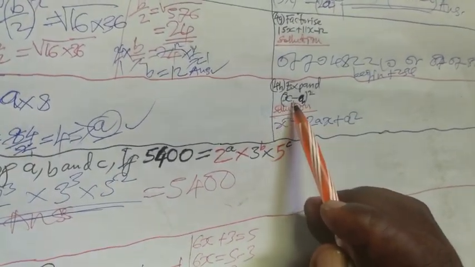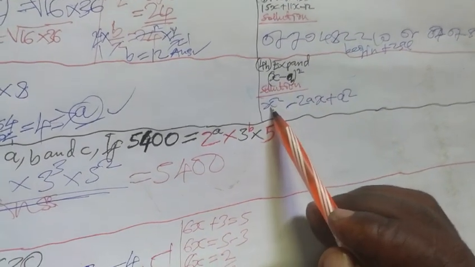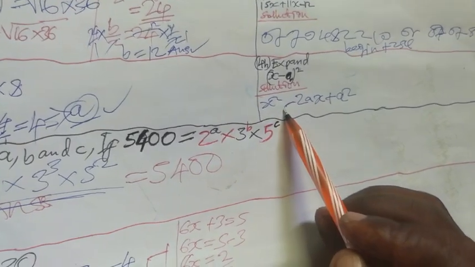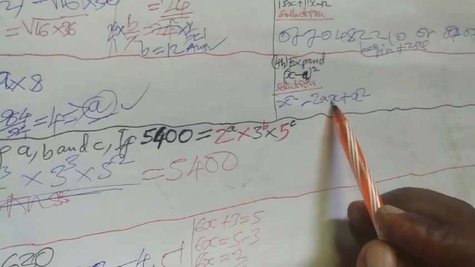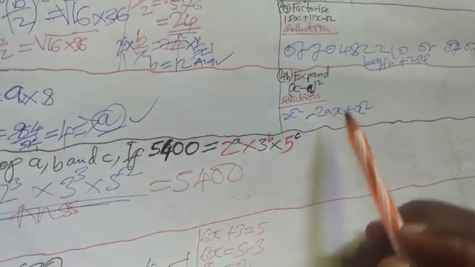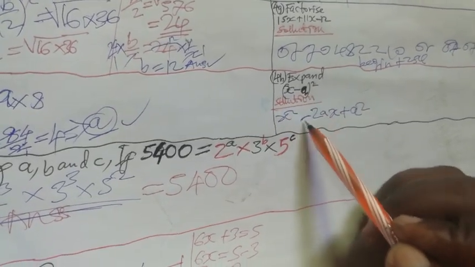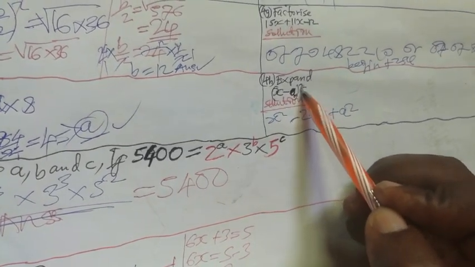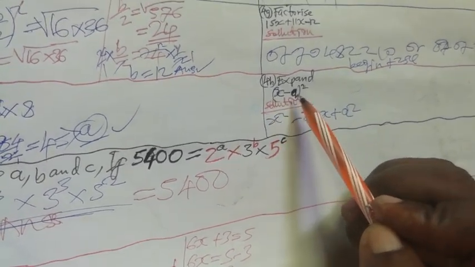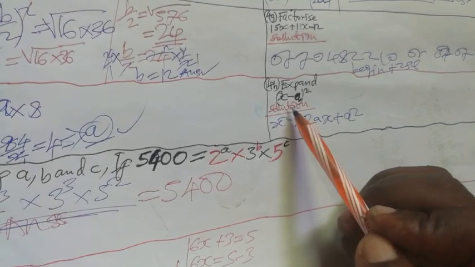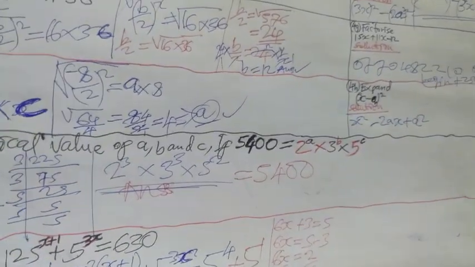Therefore, (x minus 2a) squared is the same as x squared minus 4ax plus a squared. In short, you square x, then you minus 2 times a times x, then you add a squared.